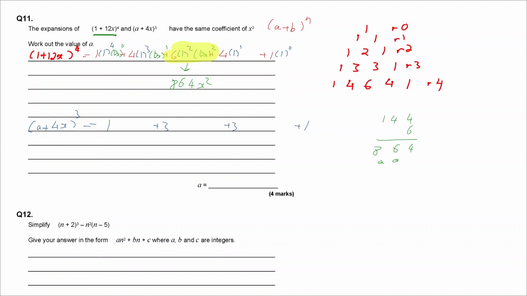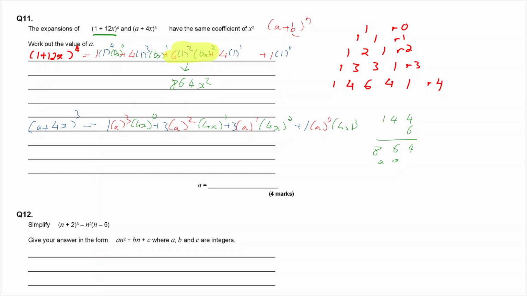I won't need all of this, but then I put in the a part. It just happens to be a again, so I'm going to replace that with a to the 3, then it goes down by 1, so a squared, a to the 1, and then a to the 0. The b part for us is 4x, so we put in 4x, and it goes from 0, and you keep increasing it by 1: 4x, then 4x squared, and then 4x cubed.